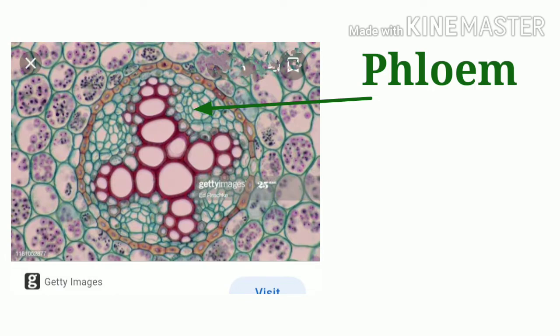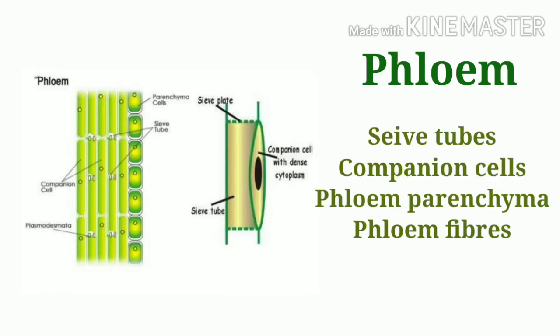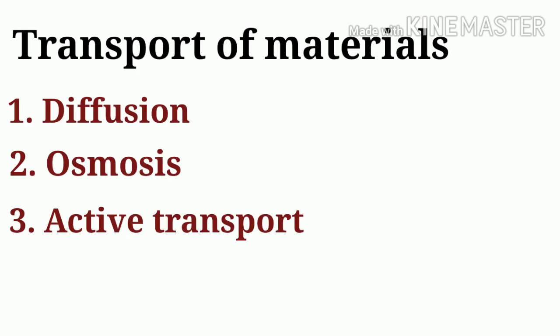Transport of substances through phloem is bidirectional and it is made up of elements like sieve tubes, companion cells, phloem fibers and phloem parenchyma. These cells also help in conduction, storage and give support to the plants.